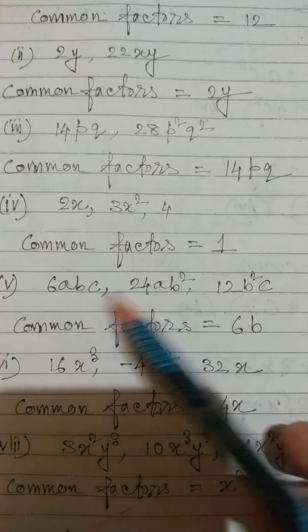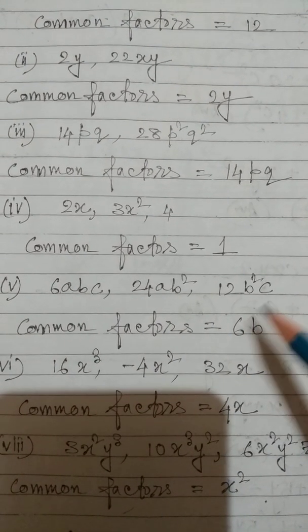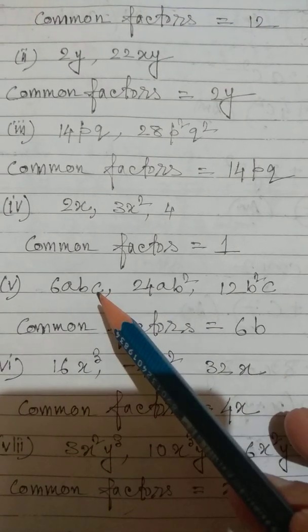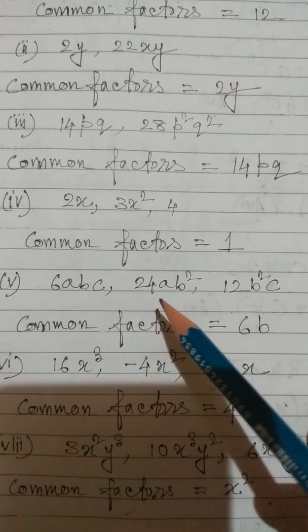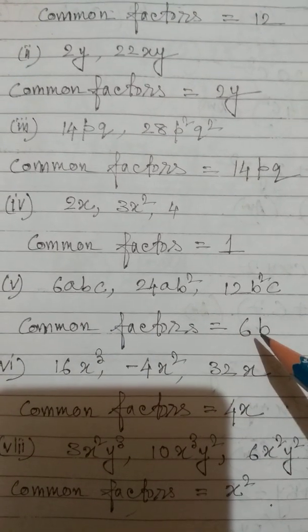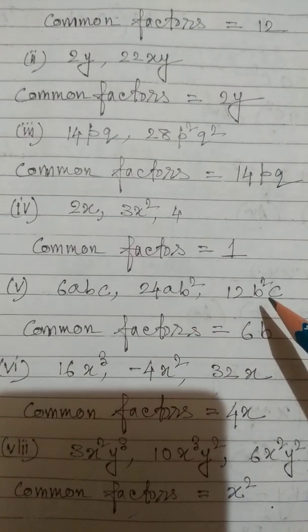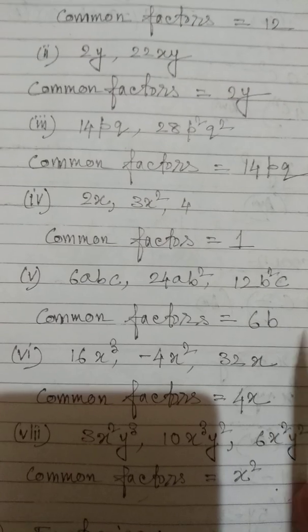There is an a, but a is not there in the third term, that is why a is not common. Similarly, c is also not a common factor because there is no c in the second term. That is why only 6b is the common factor, because b is common in all the terms and the minimum power of b is 1, so 6b is the common factor.